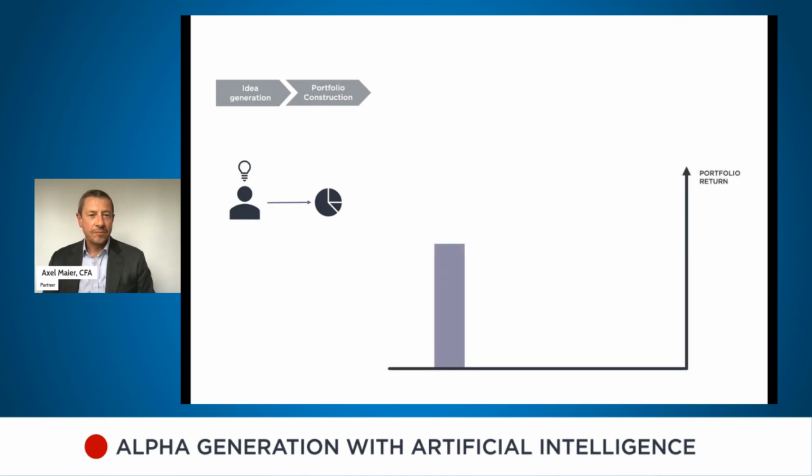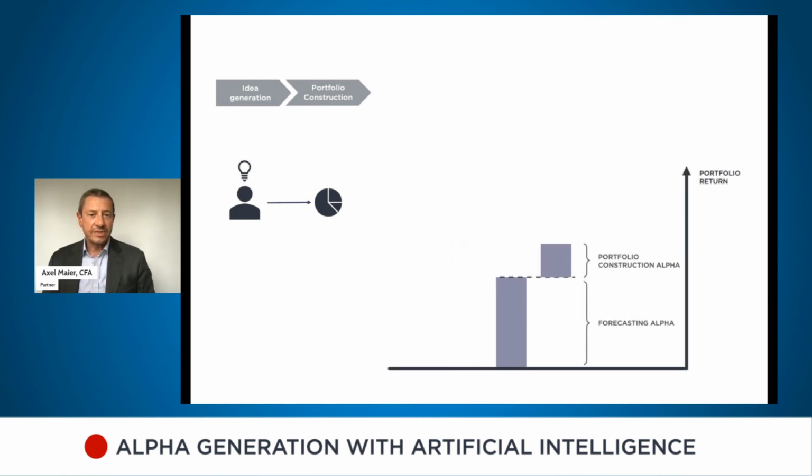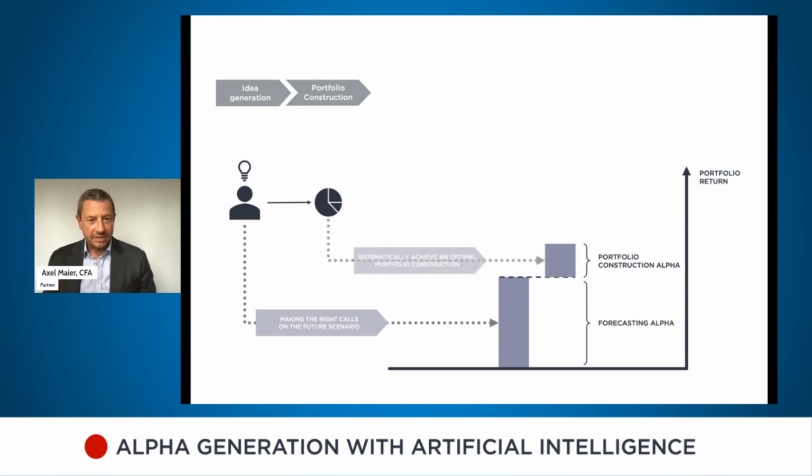So with AI, we can do this in a neat way. Initially, we start from forecasting alpha. This is your forecasting of returns, risk, etc. That, of course, adds value, but then also the way you put these securities together is adding value.